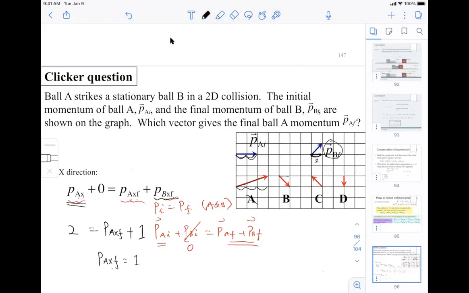B does give me 1 unit in the X direction. C gives me how many units in the X direction? -1 unit. Yeah, -1. Again, you have to take into account the direction when you put it into X components. D has 0 units in the X, right? So looking at all of these, it has to be B. Okay, so B is correct.